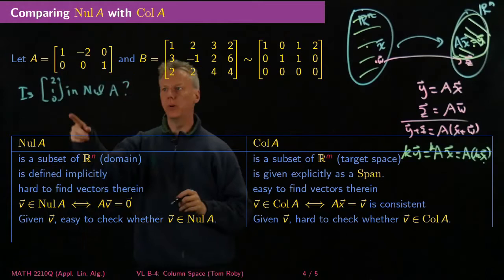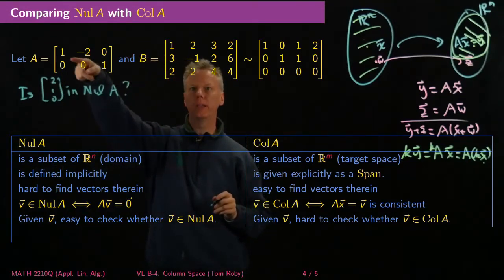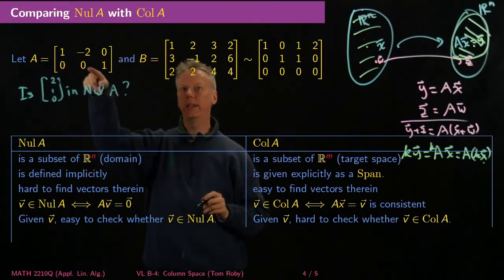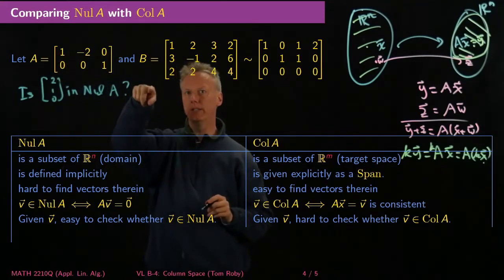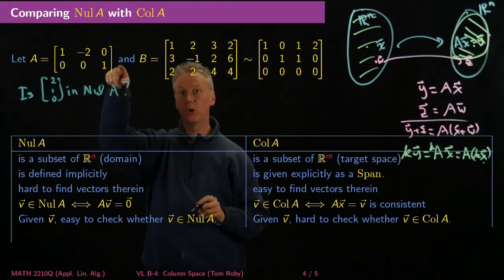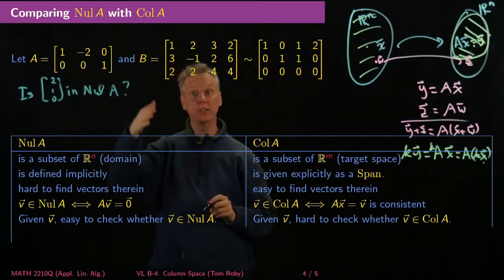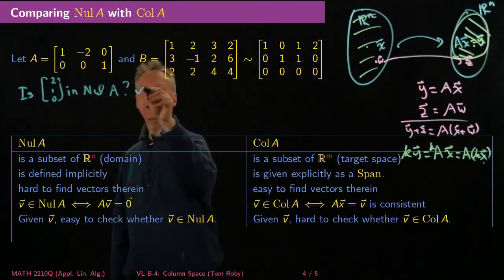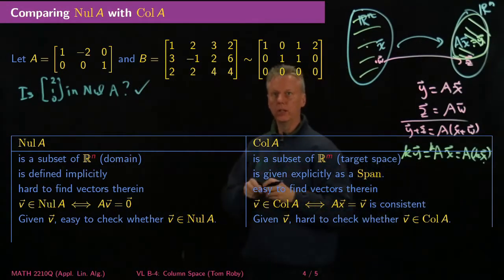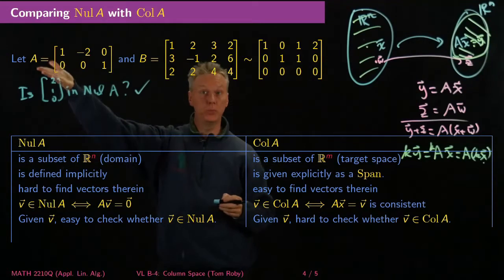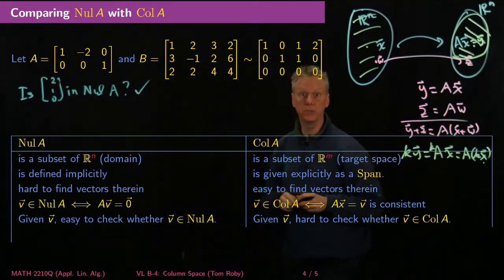And you would say, all right, well, when I apply this matrix to 2, 1, 0, I get 2 minus 2, 0. I get 0 in the top, and then I get 0, 0, 1 times 0, 0. So I do get 0, 0, and so you say, yes, it is. But if I take something like 2, 1, 1, then you can check that you multiply by A, you don't get 0, so it's not in the null space.